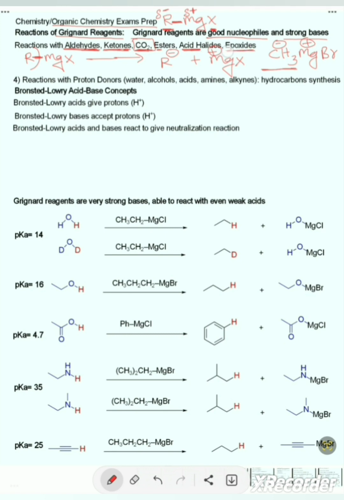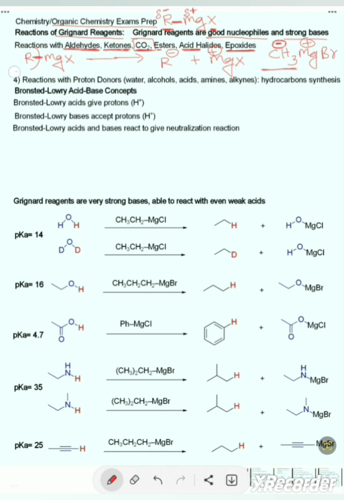And finally, epoxide ring opening. These reactions are SN2 type of reactions, where the Grignard's methyl here, for example, is a nucleophile which opens the epoxide ring. So depending on the type of epoxide, you may have primary or secondary or tertiary alcohol.